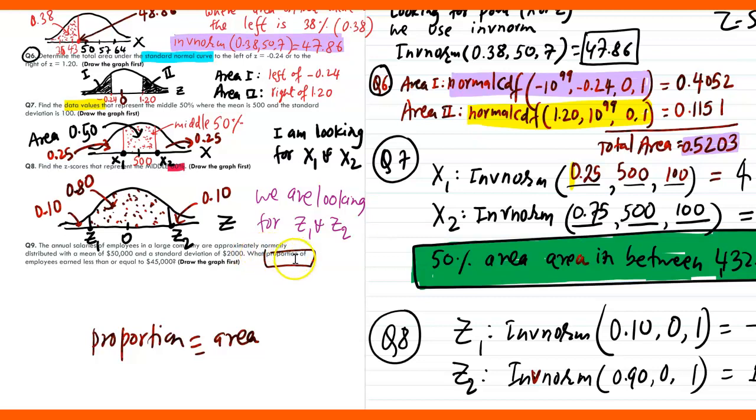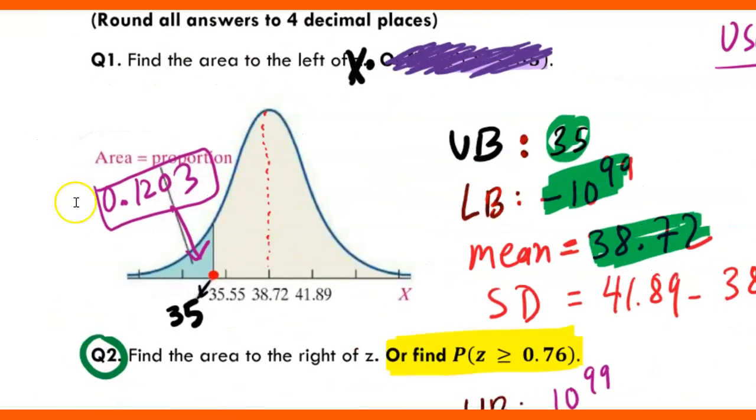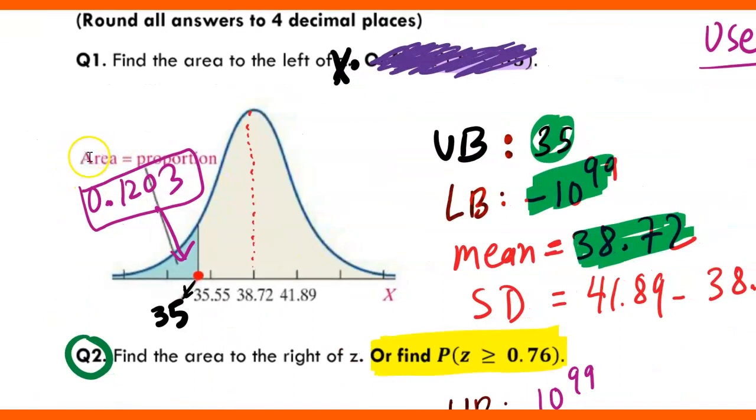What's the proportion of the employees who earn less than or equal to $45,000? Therefore, if you see the question, what's the proportion, you're looking for area, because remember that we mentioned before, area is the same as proportion. Also express area as a proportion or probability.